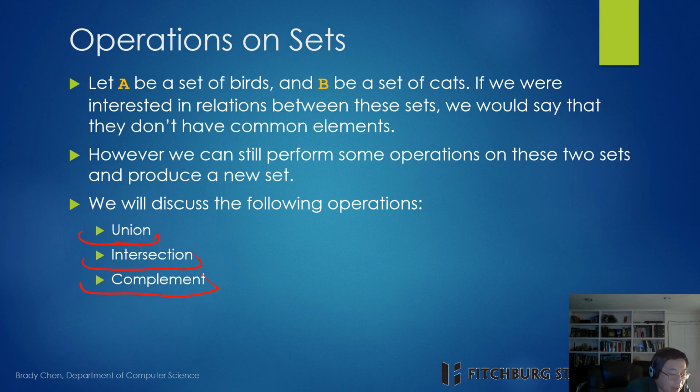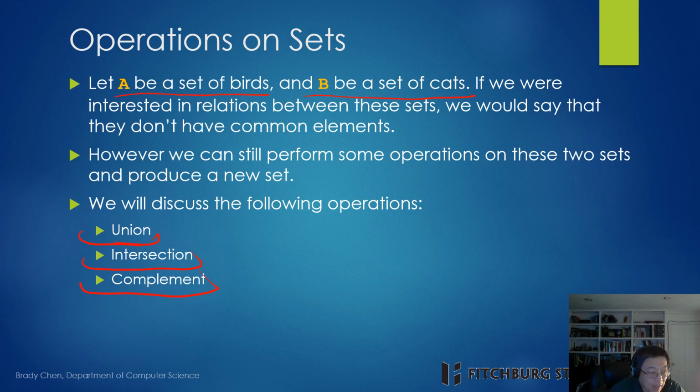Okay, so for example, if we assume A is a set of birds and B is a set of cats, so A and B are different sets. Now, based on the discussions in the previous slide, we know that A and B have nothing in common, right?